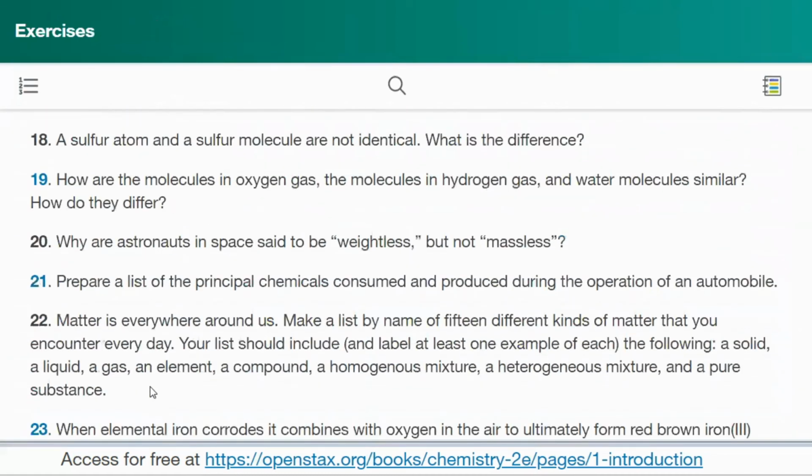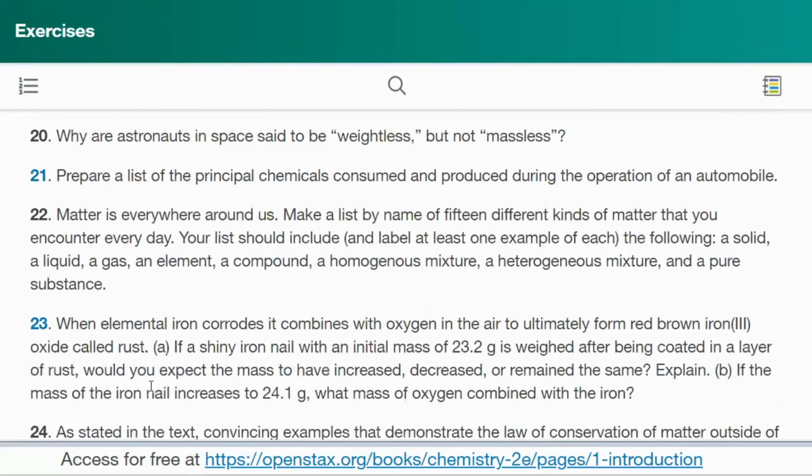18, a sulfur atom and a sulfur molecule are not identical. What is the difference? Sulfur molecules are made of two or more sulfur atoms. A sulfur atom is made of only one sulfur atom. It's indivisible. 20, why are astronauts in space said to be weightless but not massless?